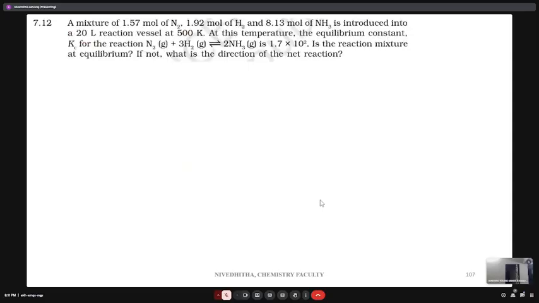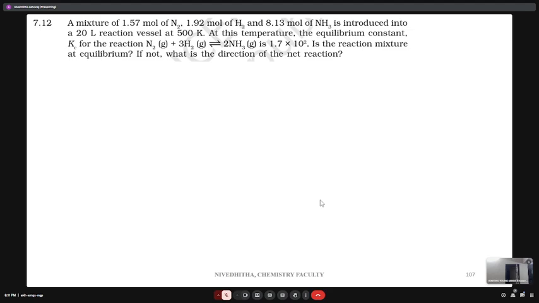Here is the problem. A mixture of 1.57 mole of N2 and 1.92 mole of H2 and 8.13 mole of ammonia is introduced into 20-liter reaction vessel at 500 Kelvin. At this temperature, the equilibrium constant for this reaction is given as 1.7 into 10 power 2.